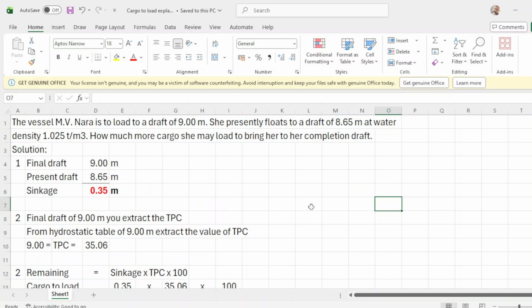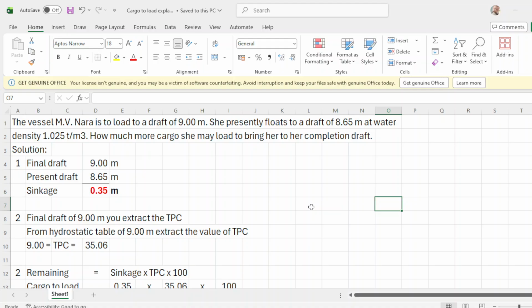The vessel MV Nara is to load to a draft of 9 meters. This will be her departure draft. The ship presently floats at a draft of 8.65 meters at a water density of 1.025, meaning she is now at berth at a draft of 8.65 meters, in salt water.